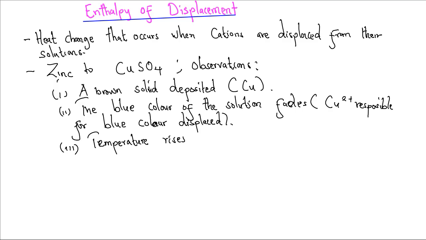And we have said the blue color of the solution fades because the copper 2 ions responsible for this color are reduced to copper metal. And it's this copper metal that shows that there is brown solid formation.